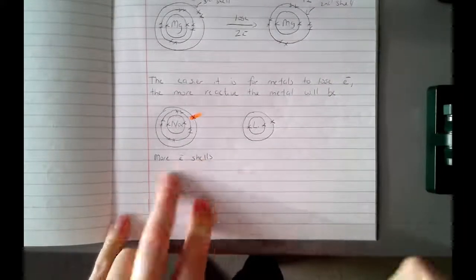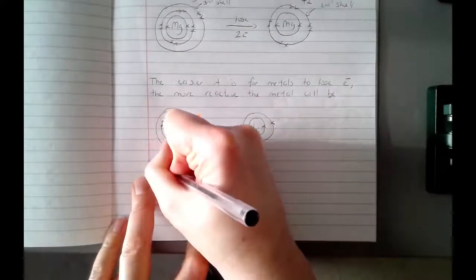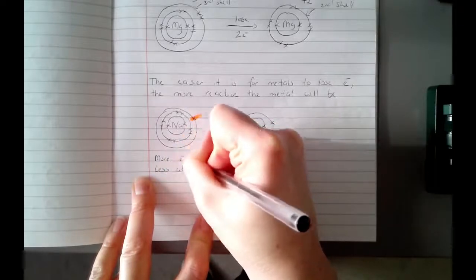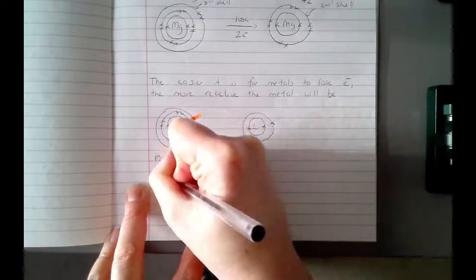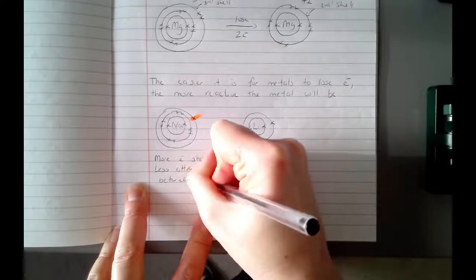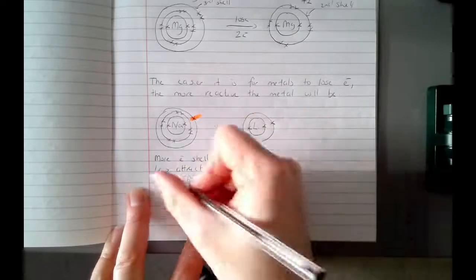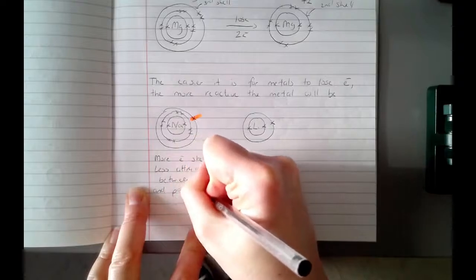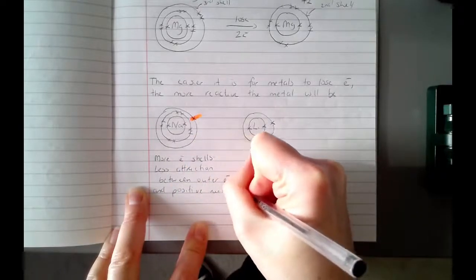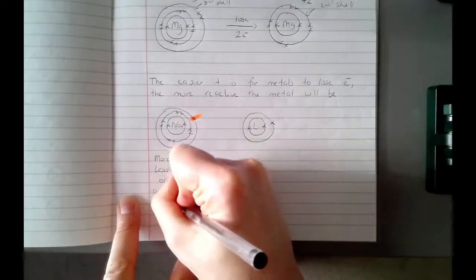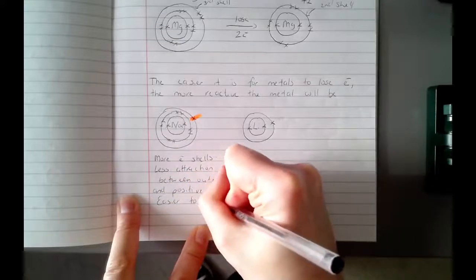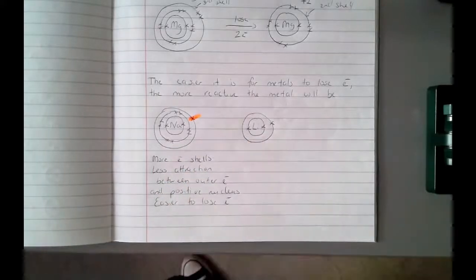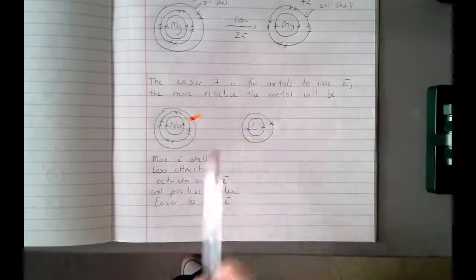So I would say there's more electron shells, so there's less attraction between the outer electron, which is the one you're trying to lose, and the positive nucleus. Because there's less attraction, it is easier to lose an electron. So sodium is going to find it easier to lose an electron than lithium.